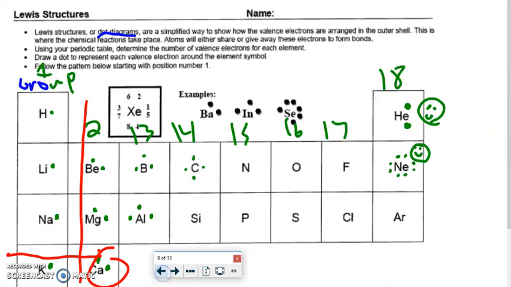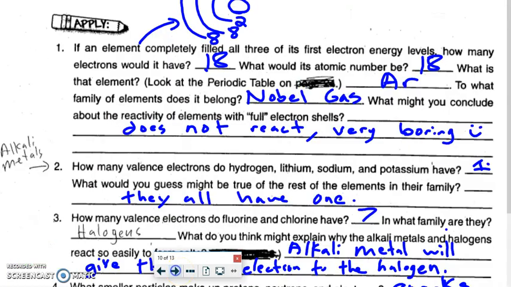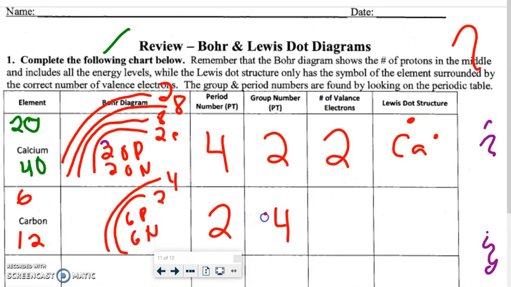So if I flip back to my periodic table here and double check, carbon is in period 2, going down, and going across, 1, 2, 3, it's the 4th one going across. So that is correct.